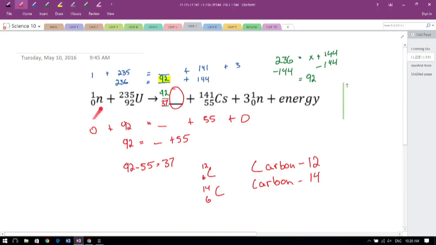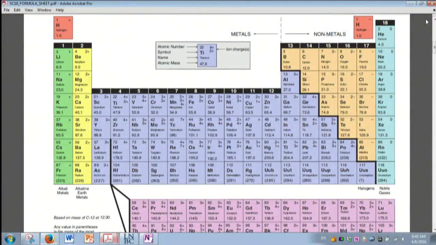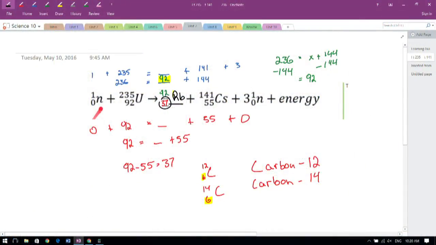Which number is the same for all carbons? It's the bottom one. So that bottom number is the one that's going to tell me what element this is. So element number 37 on the periodic table is looking like rubidium, Rb. So I always want to look at the bottom number.